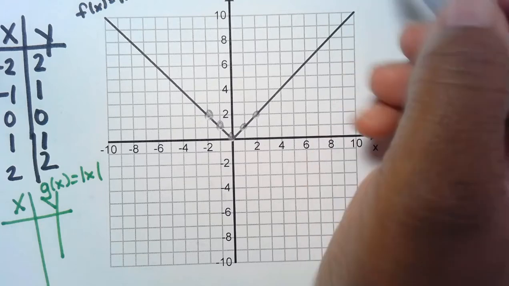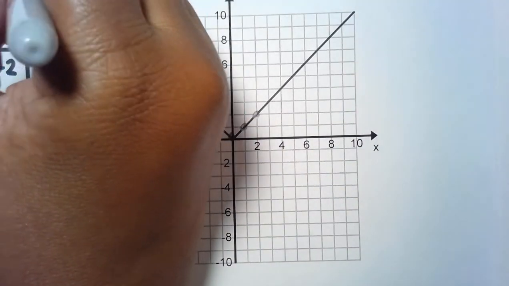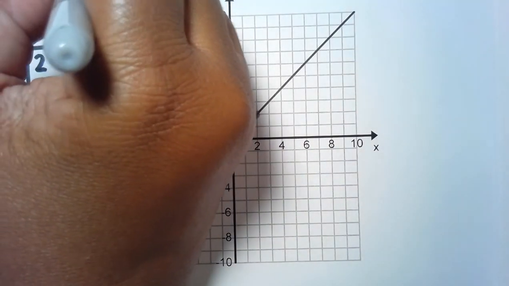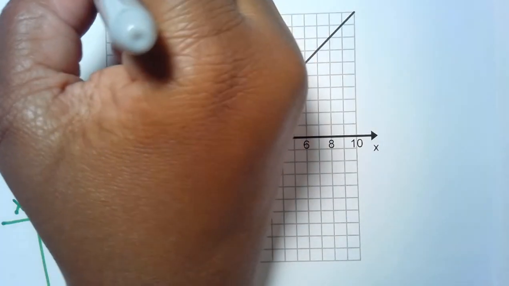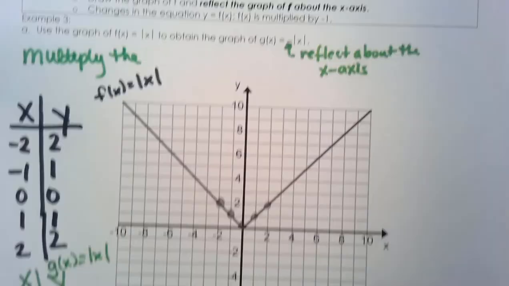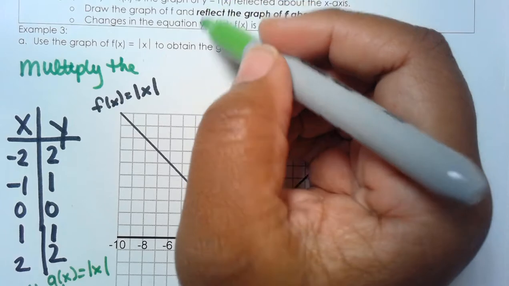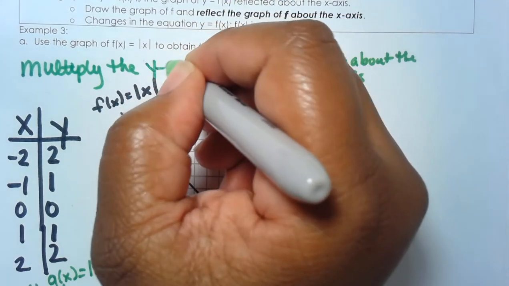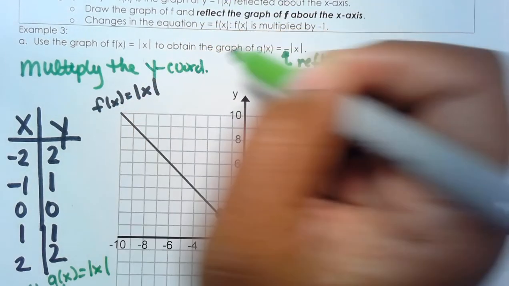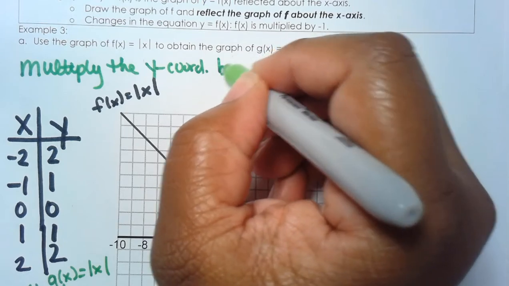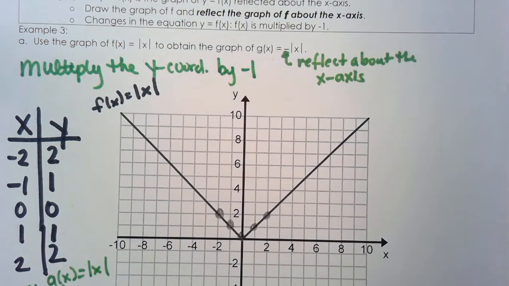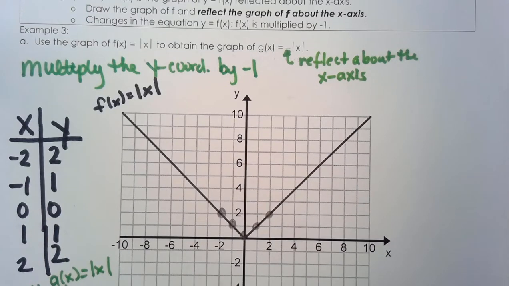To find those points, we're going to multiply the y coordinate by -1. We're going to multiply the y coordinate by -1.